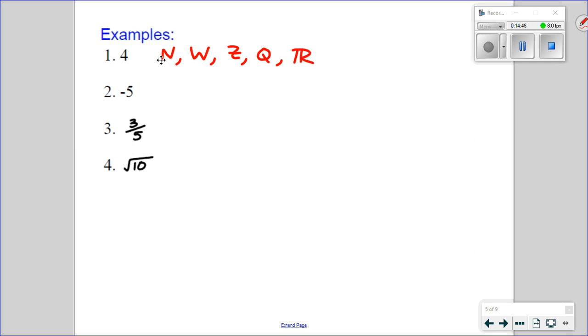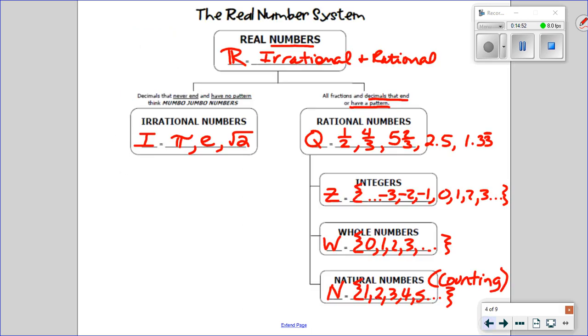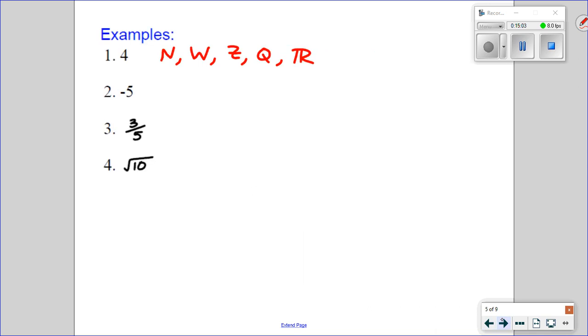So this is a little bit easier if you start from the bottom and go up. So let's look at number 2, -5. So -5, because it's a negative number, is an integer, which means it's also a rational number and it's a real number. So -5 is an integer, a rational number, and a real number.